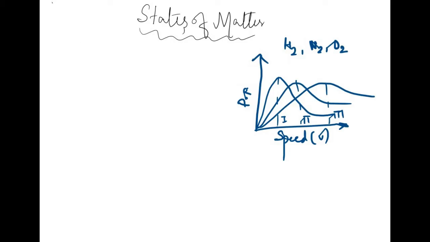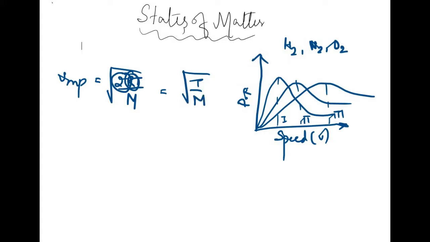Because this kind of graph, the graph of distribution function versus speed, refers to the most probable speed. So the most probable speed has the formula equal to root over 2RT by M. Now R is a constant, the value 2 is a constant. So effectively it is proportional to root over T by M, right?